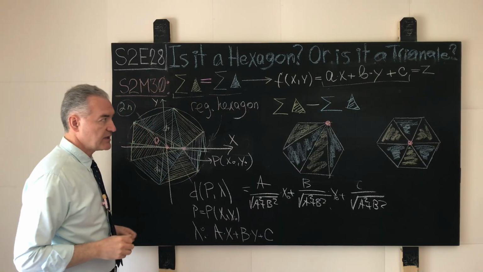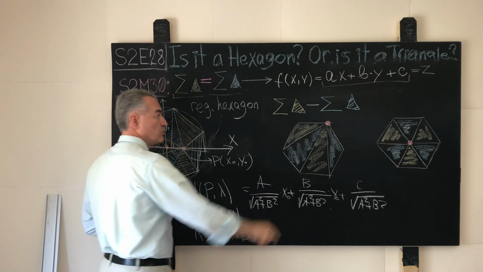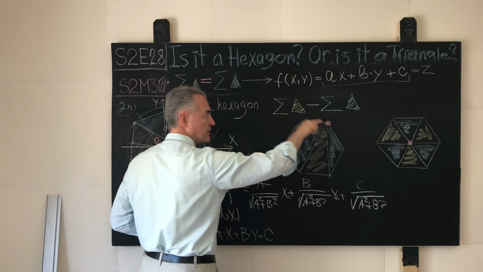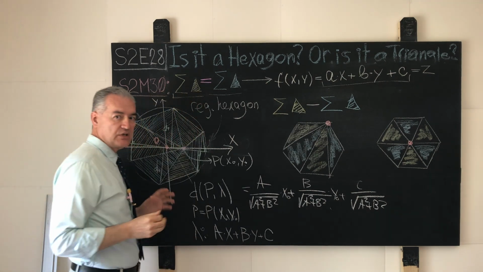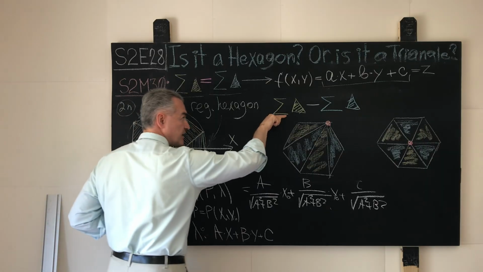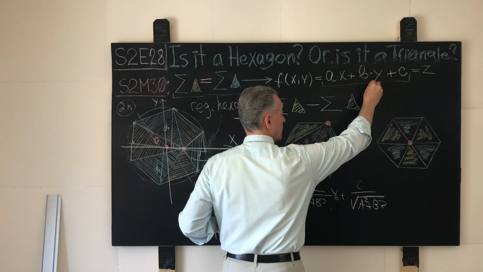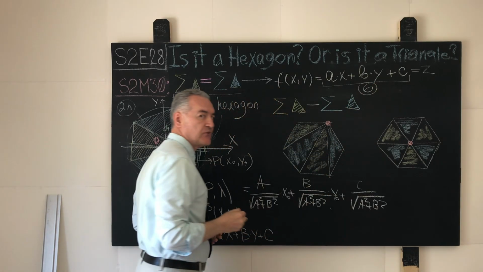For example, in real analysis, we do it all the time. We construct the difference between the sum total of the areas of all the yellow triangles and the sum total of all the areas of the blue triangles. And we now say what? That difference right here will correspond to how many? 6 affine functions.